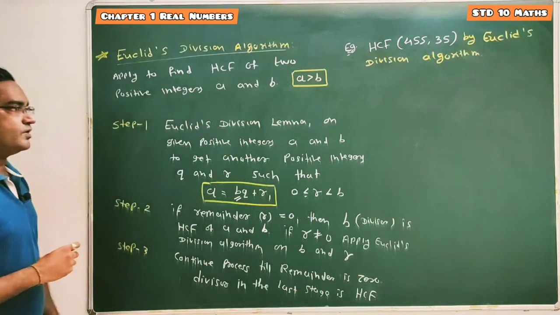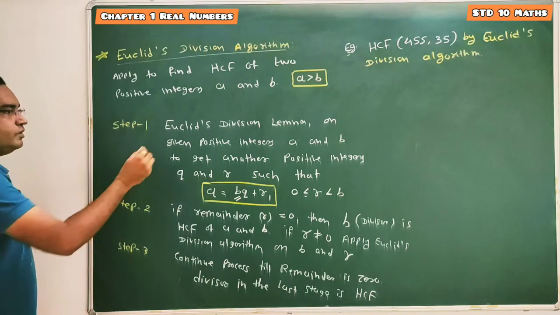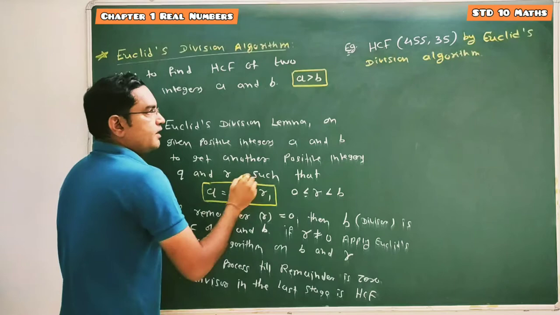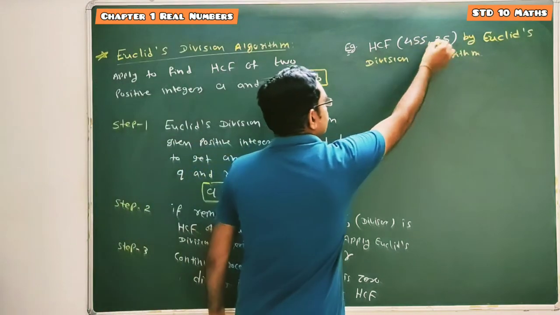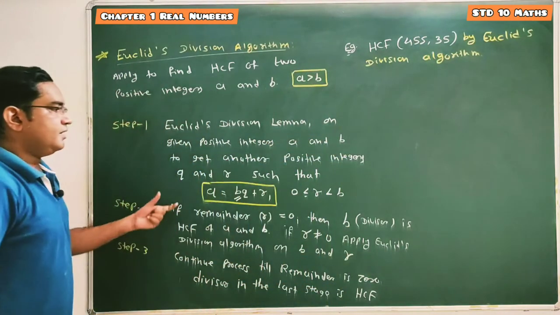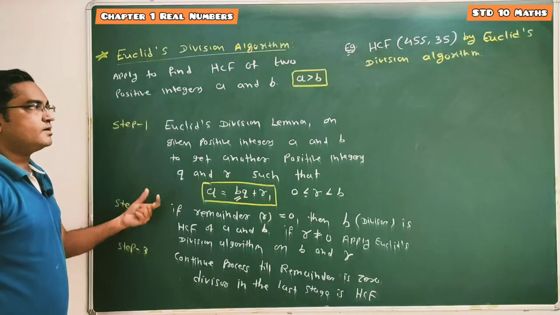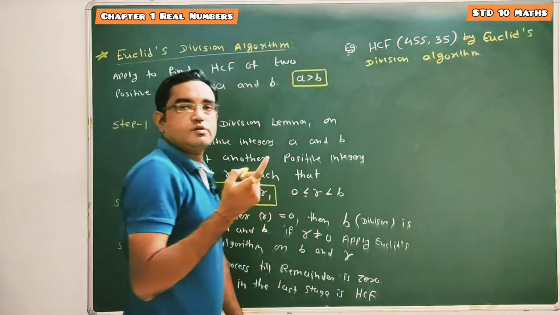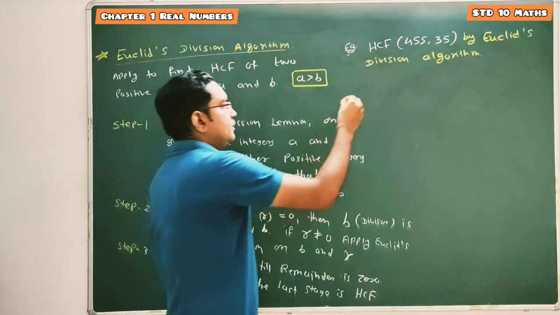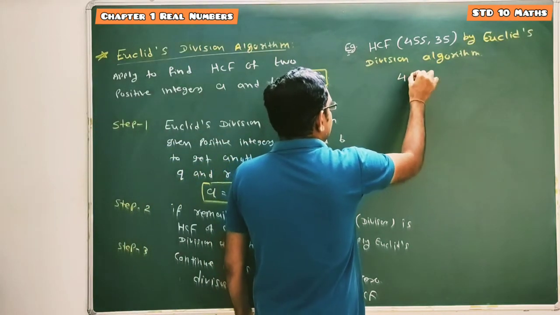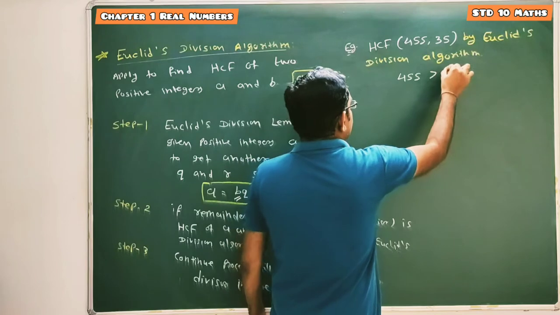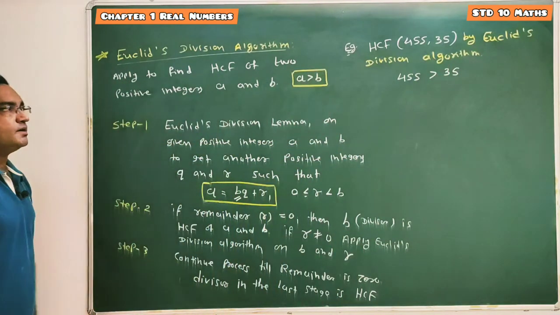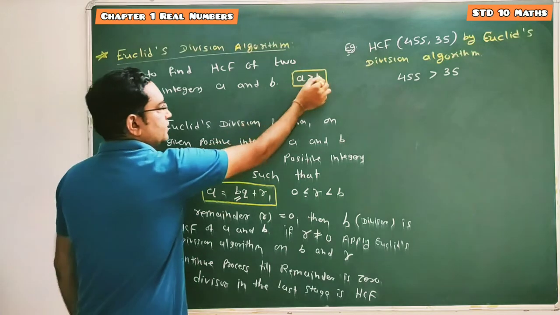So students, first step, what we have to do? We have to apply Euclid's division lemma on the given positive integers a and b. So here the given positive integers are a and b, where a is greater than b. So first we have to find which of the two given positive integers is bigger. So here we can say 455 is greater than 35, where a is greater than b.